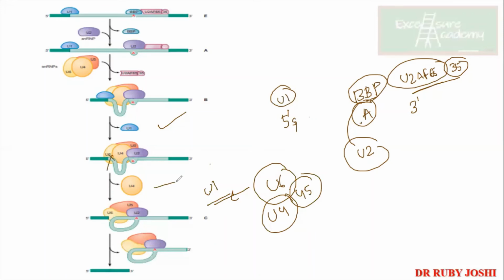Then U4 is displaced. U6 is coming. This U6 is now making a base pairing with the U2 and making sure that the bond has been formed over here with the branch point. Okay. Later, the 3'OH is free over here at the first exon. This will have the nucleophilic attack on the phosphate which is present over here.